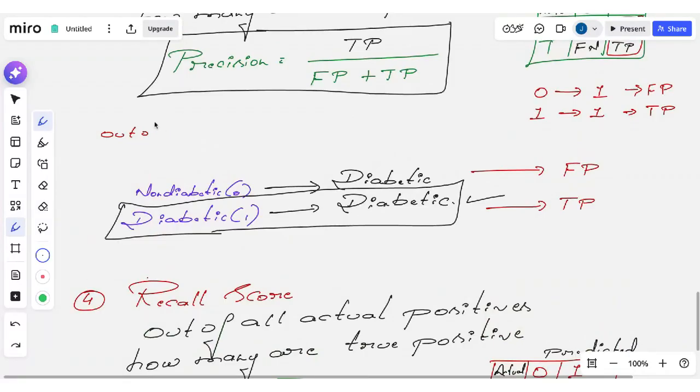Out of all positive predictions means what? Out of all diabetic predictions, how many were actually diabetic?